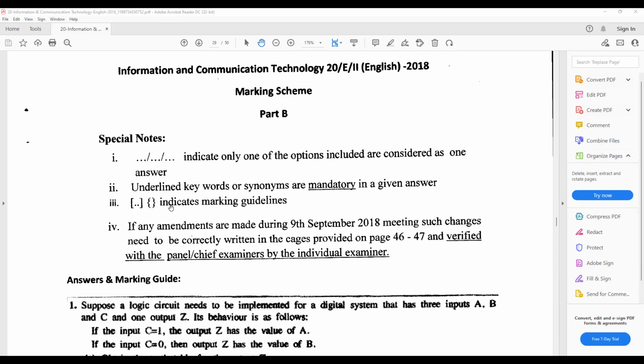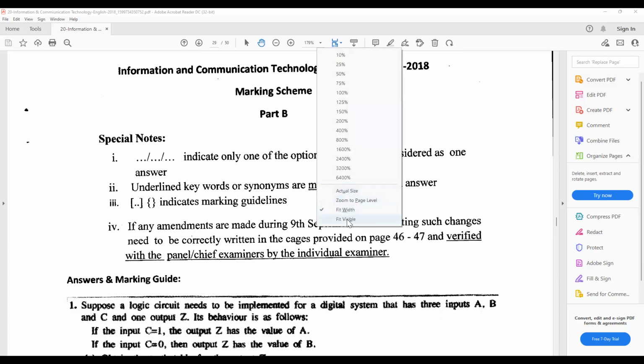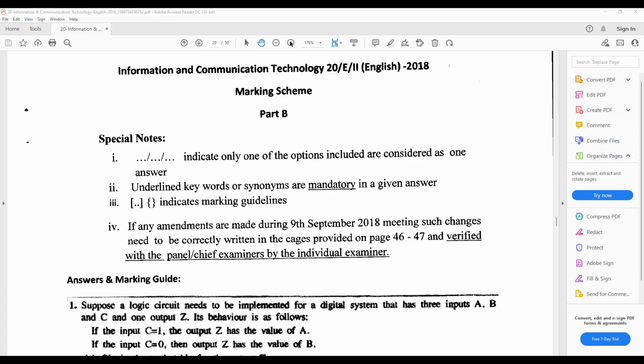And after that, out of the 6 questions, you can answer 4 for the essay questions. So this is the essay part. The paper is like this.